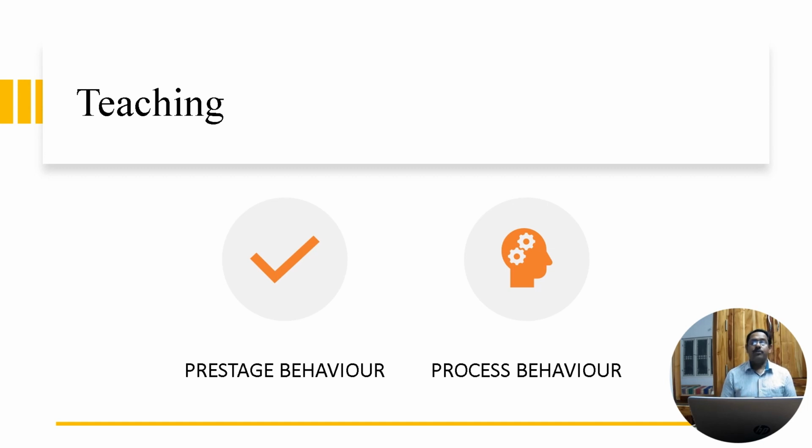With respect to the student, it is how well they have learned the previous class so that this class can be well understood. These are the pre-stage behaviors for both students and teacher. The process behavior is the methodology used by the teacher in the classroom, the examples given, and the classroom climate.